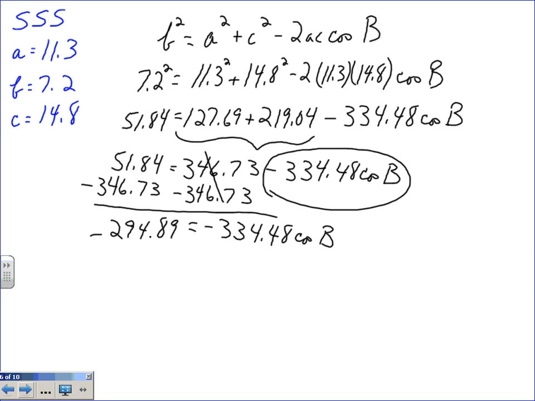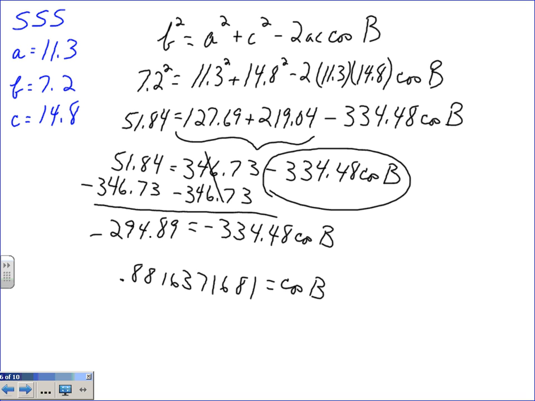If you divide negative 294.89 by negative 334.48, we should get a decimal. It's going to be a positive value. It should be positive 0.881637168. And that's cosine B.